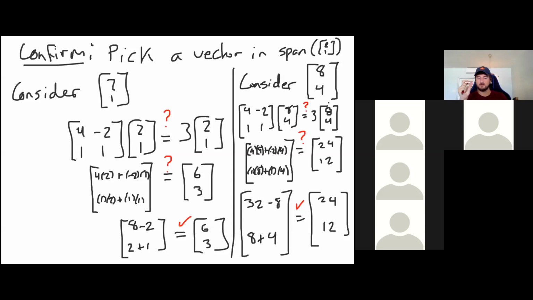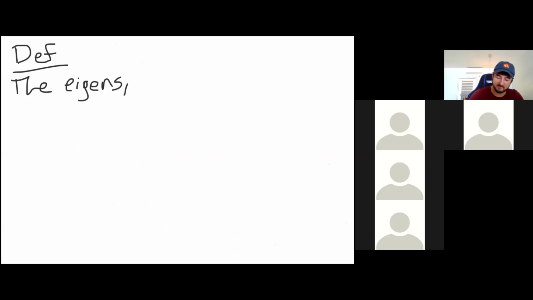Since I have a vector that can generate all other vectors, that actually turns out to be a basis. And from that basis, I can create a vector space. So this creates another definition for us, something called the eigenspace.